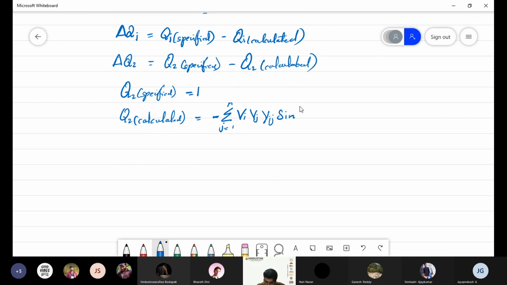That is sine of theta ij plus del j minus del i. So it is common. So here I try to write it as, this is Qi, right? Now we are going to write Q2 calculated.